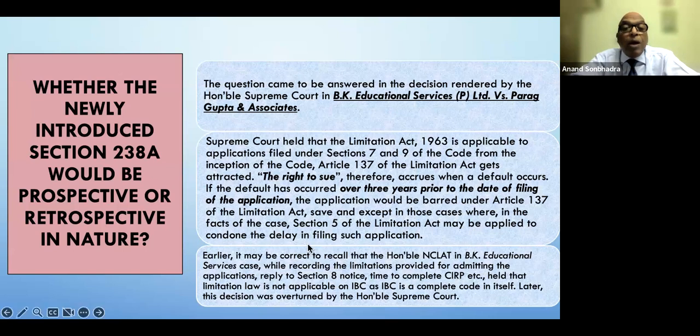And while giving this decision, the decision of the Honorable Appellate Tribunal was overturned. So what had the Honorable Appellate Tribunal said?